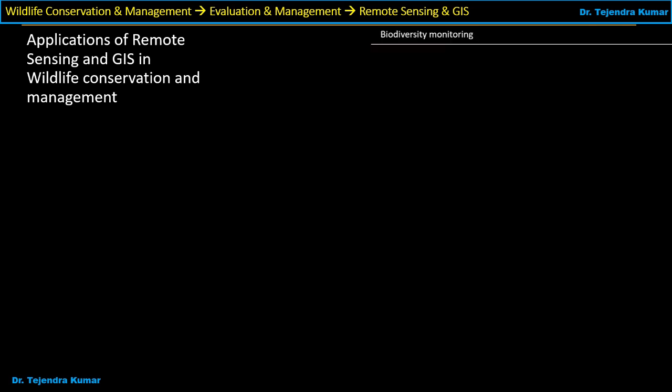I have included both remote sensing as well as GIS, because as I told you earlier, we cannot separate these entities because they are interdependent. Collectively, I am taking the applications of these, and as I told you, the first is biodiversity monitoring.